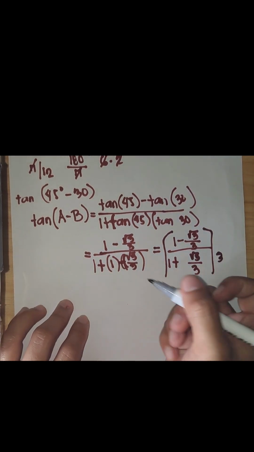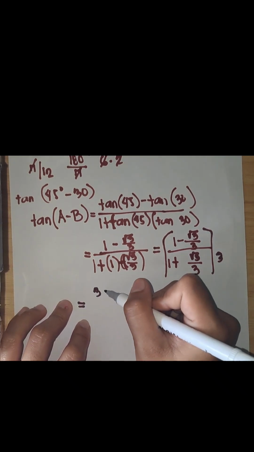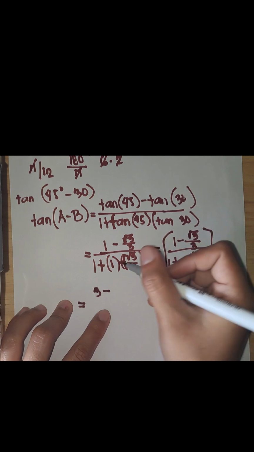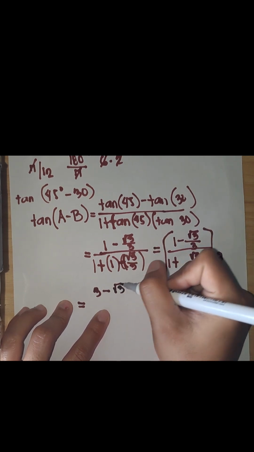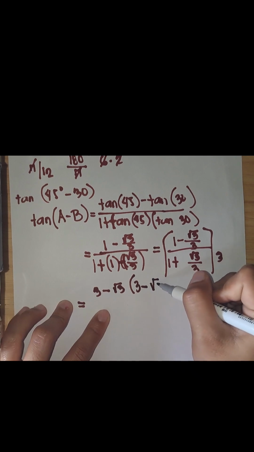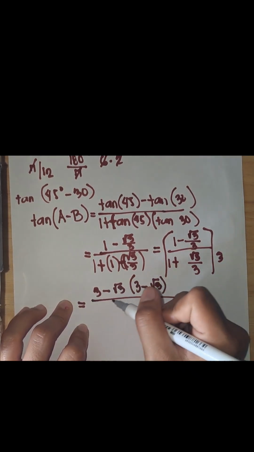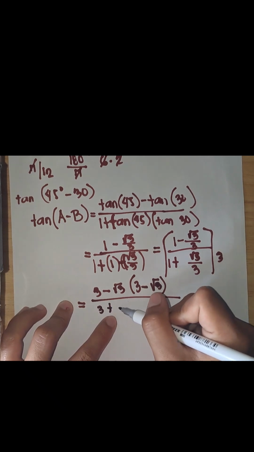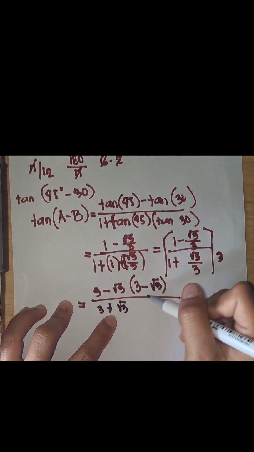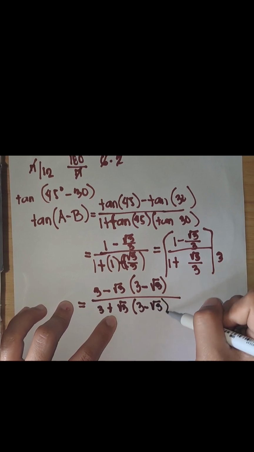So that would be 3 minus root 3 over 3 plus root 3.